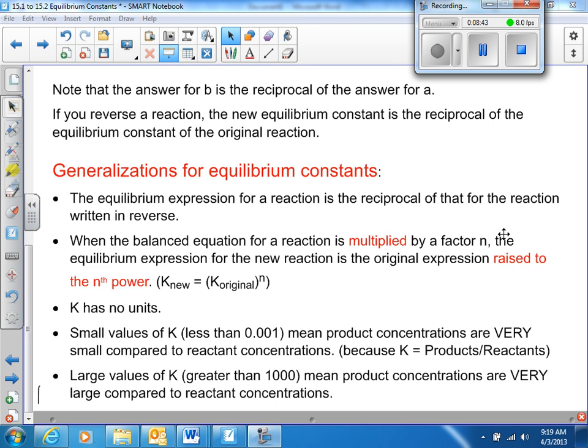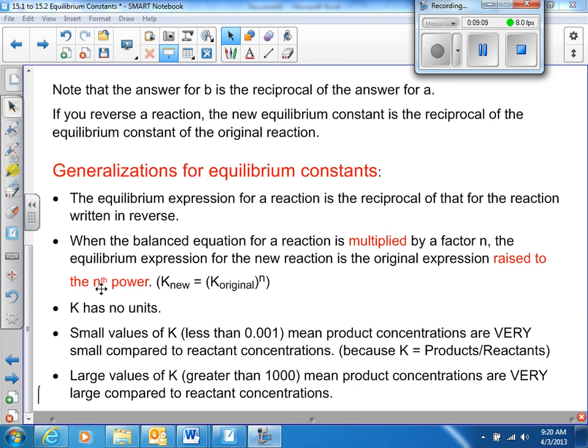Okay, so we have some generalizations for equilibrium constants. First, what we just learned: if you reverse a reaction, the equilibrium constant is the reciprocal of the original equilibrium constant. If you multiply a reaction by a number or a factor n, then you raise the equilibrium constant to that power n.